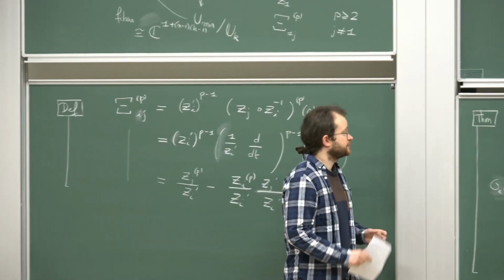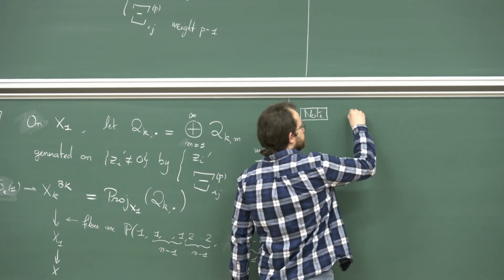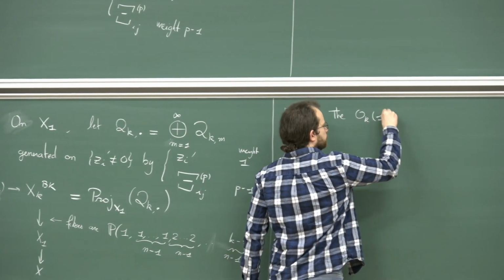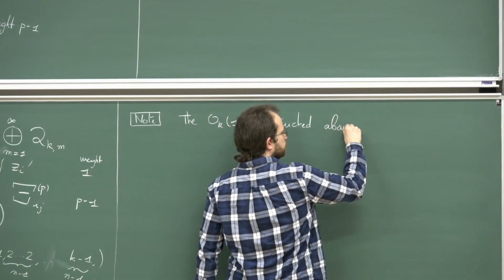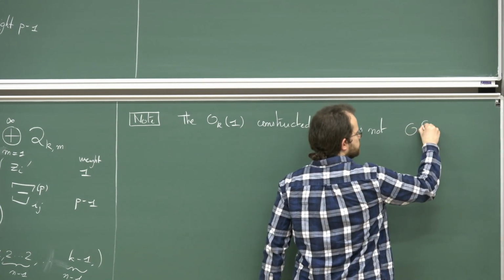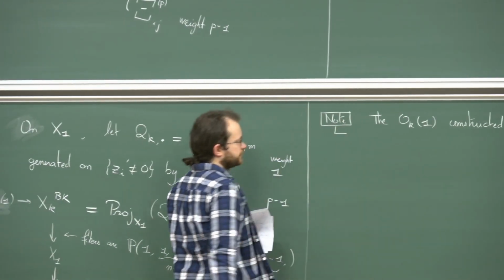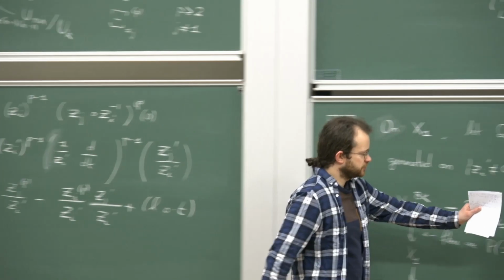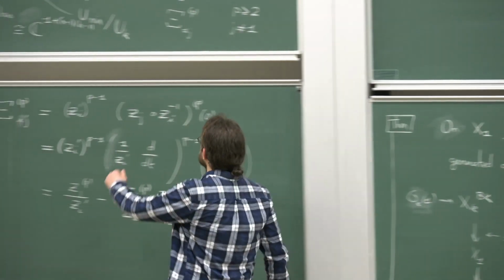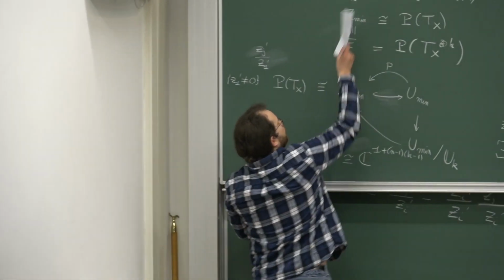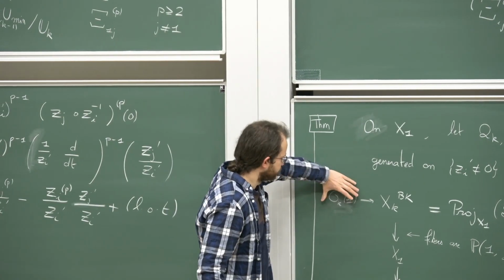Let me say that, as I said yesterday, note the OK1 constructed above is not the same as the OGIT1 that is constructed in the original article, because the way that this OGIT is constructed is by using some linearization on the space you start with, actually on PKX, in such a way that you end up with some twisted version of this OK1.